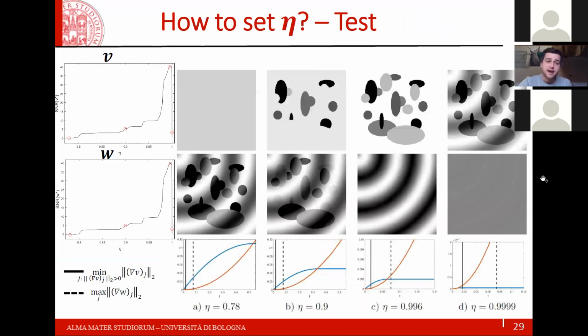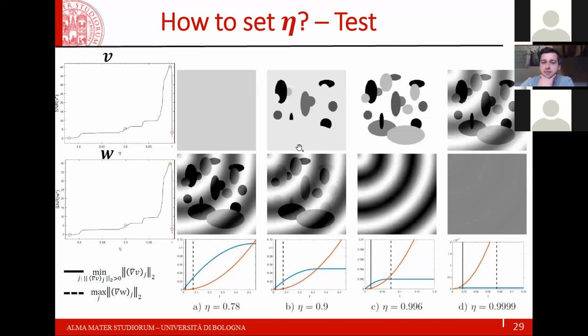What I mean by that is that, as we did in a test case for changing values of eta, as you can see down here, what happens to the model is that as we change the value of eta, we move the abscissa of the intersection point between the quadratic penalty and the phi function.